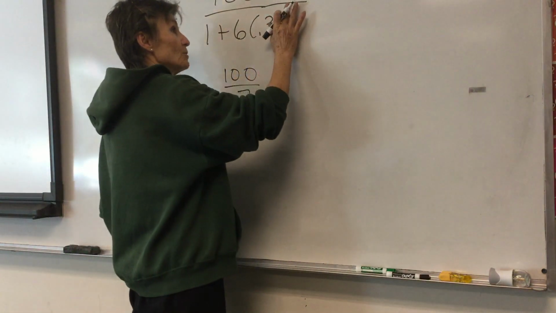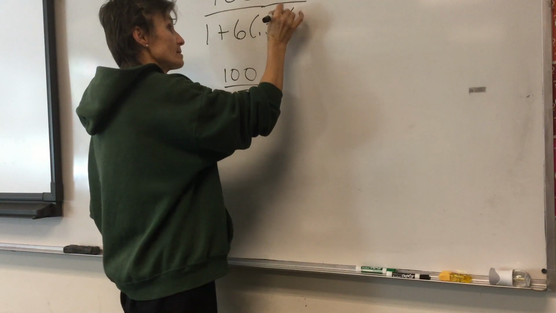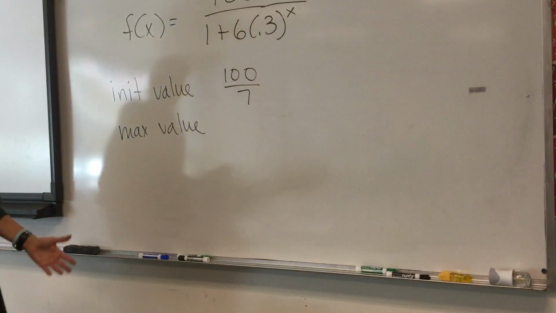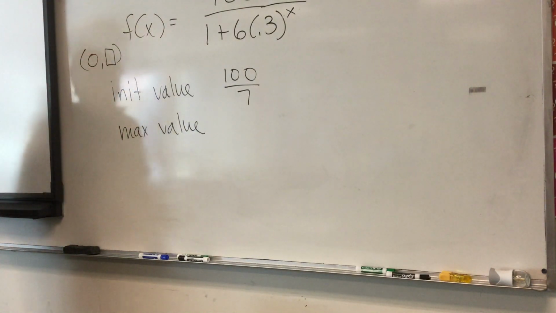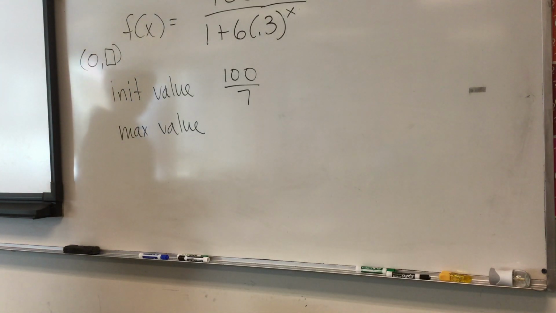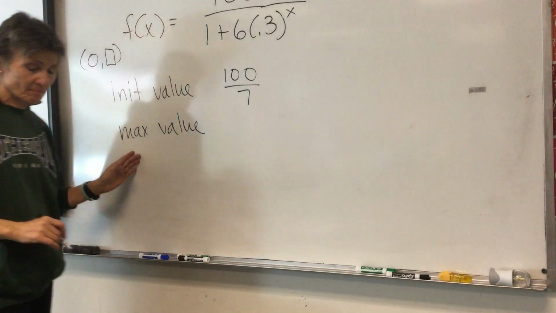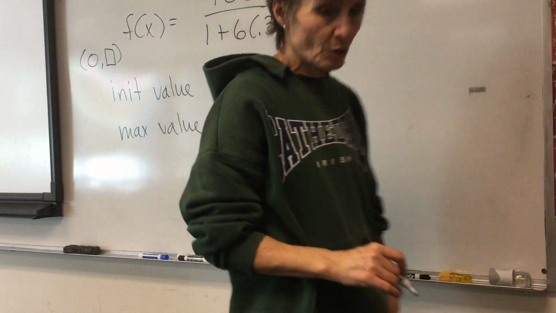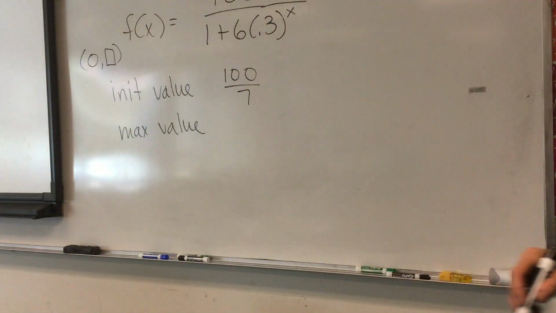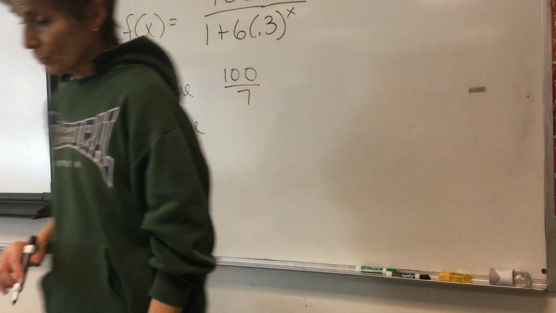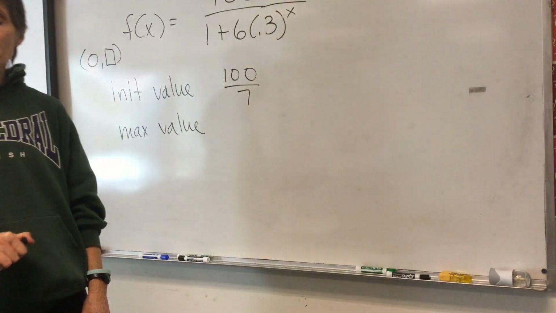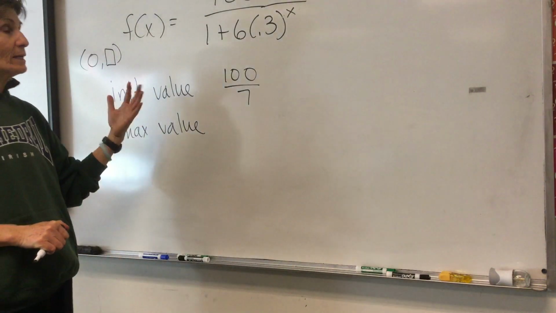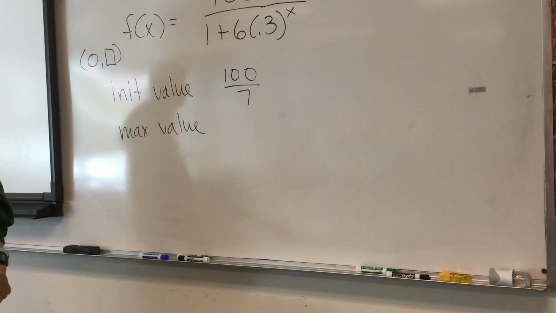Your initial value is always, whether it's exponential or logistic, doesn't matter, it's always what goes here. That's the initial value. Now, the maximum value is also known as the limit to growth. We've talked about this. I need someone to actually speak and tell me, what have we learned about the limit to growth?